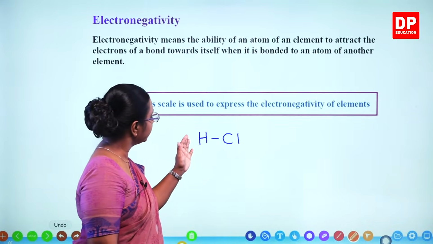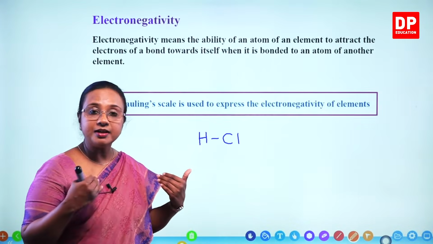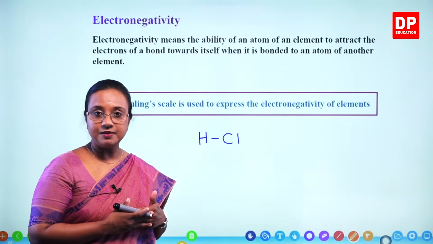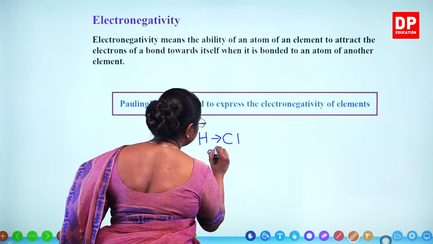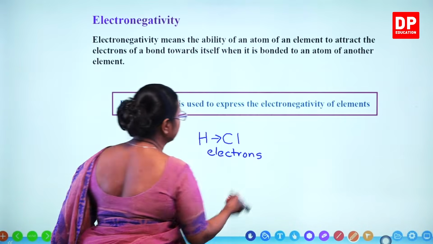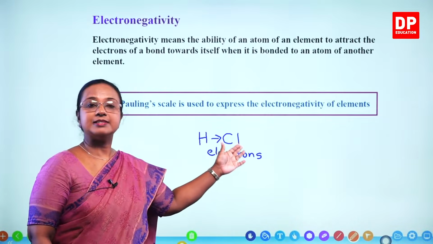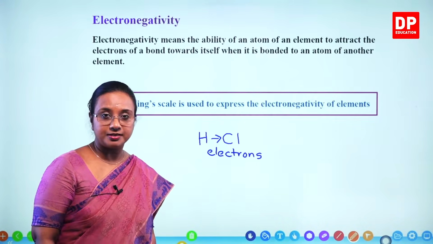When you compare the ability of hydrogen and chlorine to attract the electrons towards itself, chlorine can easily attract the electrons towards itself. Then we say chlorine has a higher electronegativity compared to hydrogen.